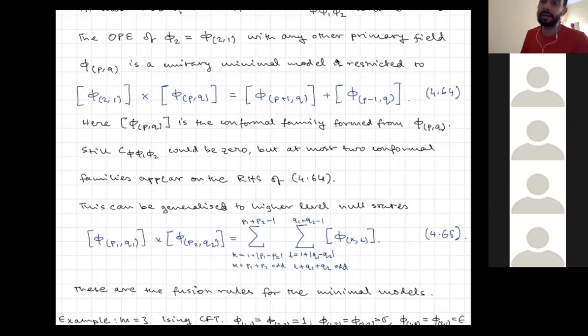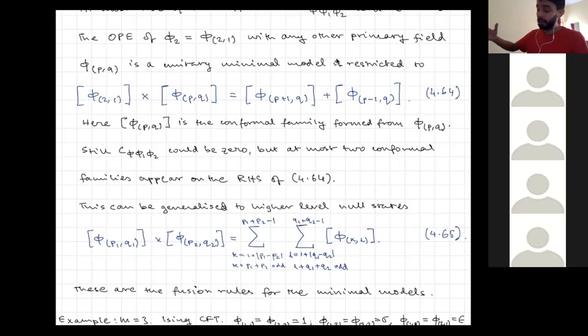So you remember that when we wrote down an OPE between two primary fields, we wrote that the right-hand side was a sum of all possible fields in the CFT. Now we are saying that if these null states are there in the game, the sum over all possible primaries in the CFT is actually restricted.